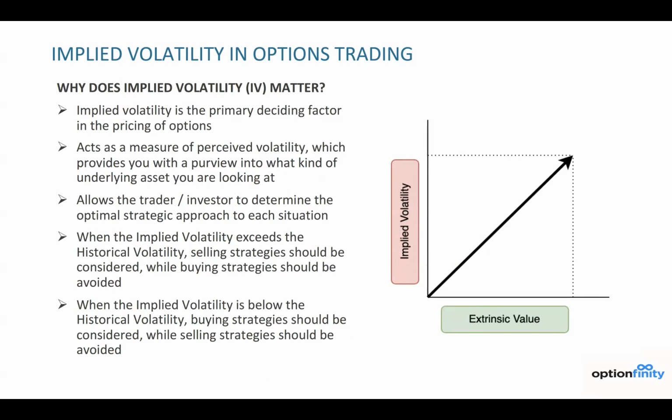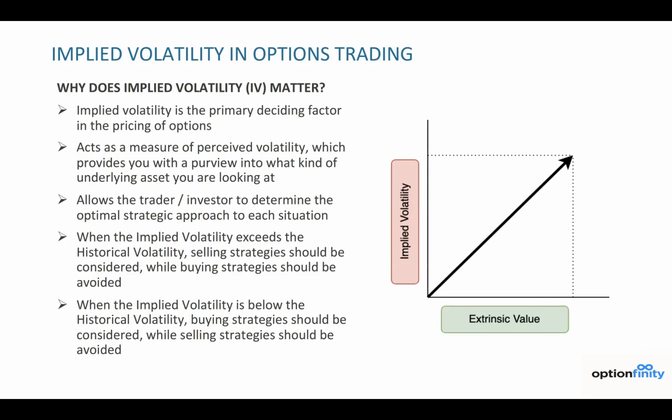Vega is a variable that's attached to implied volatility. So when you see that number, that tells you how much the price of a given option will rise or fall for every 1% increase or decrease in implied volatility. So for example, let's say we have an implied volatility of 25%, and a certain option has a vega of $1, right?